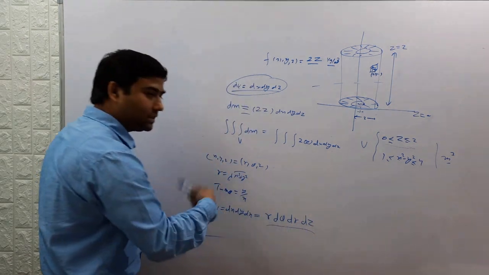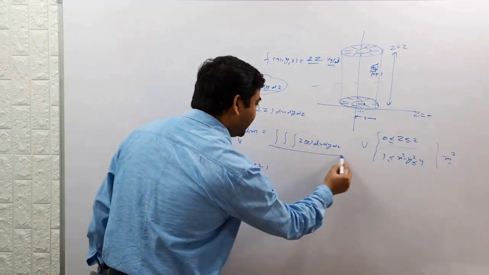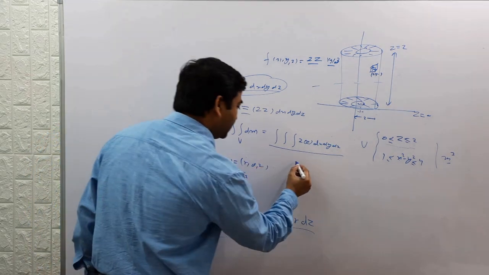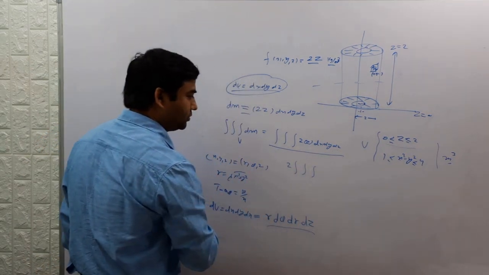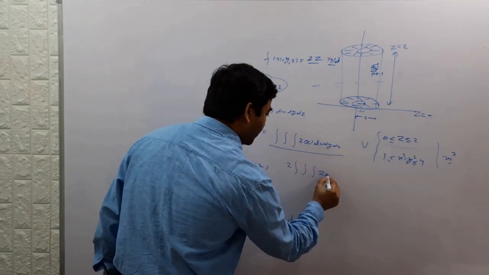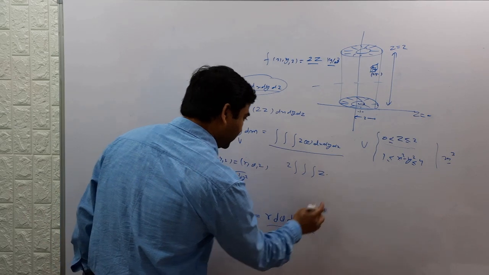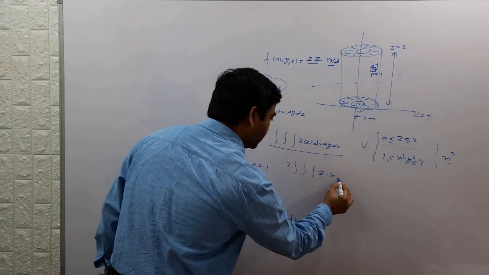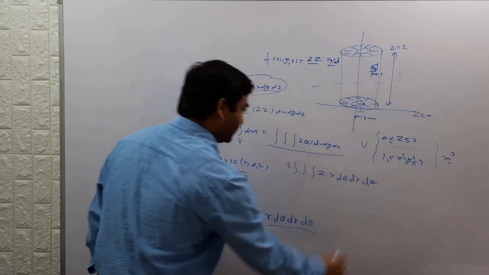So these were the conversions from the Cartesian to the cylindrical coordinate system. So we can write this expression of dm as a triple integration, taking 2 outside, of z r d theta dr dz.